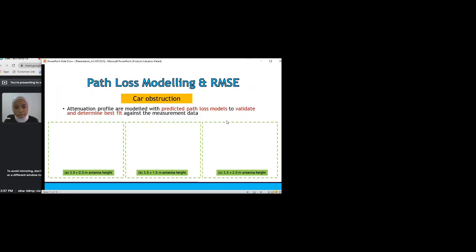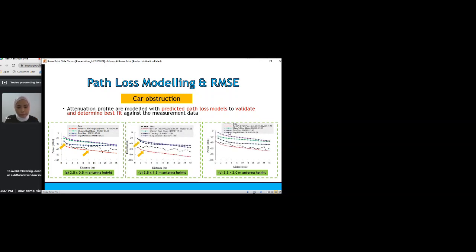For path loss modeling, we model this result with path loss models for predicted models, to validate and determine the best fit against measurement data. All three show that the log normal shadowing model fits the best. But for the 1.5 meter antenna height in the middle, it is almost similar to the two-ray, with about 17.5 error, and almost similar to log normal and log distance.